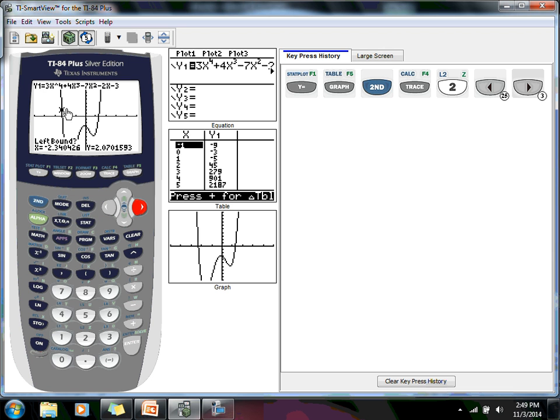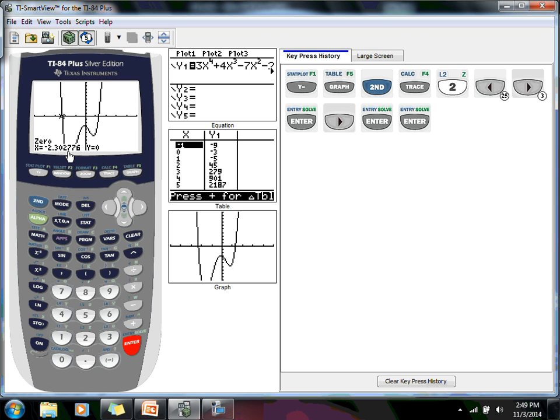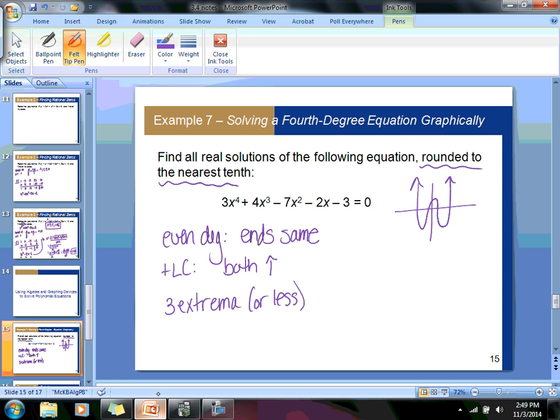Okay, so right about there, that's to the left of where I think that first zero is going to be. So then I hit enter, and then I can arrow over to the right, to the other side of it, and hit enter, and then hit enter one more time. And then at the bottom of the screen, the graphing calculator will show you the -2.3. So that's going to be one of my solutions.